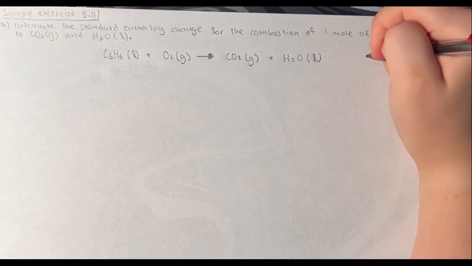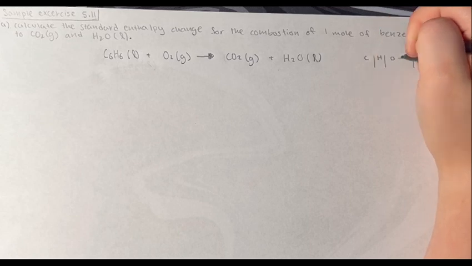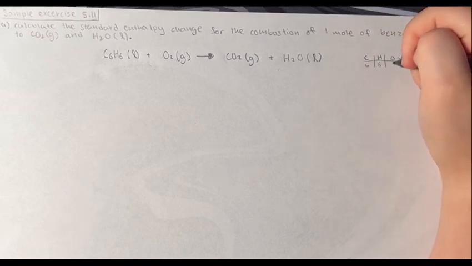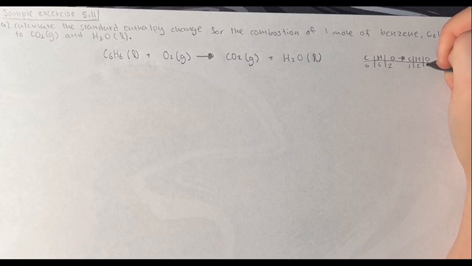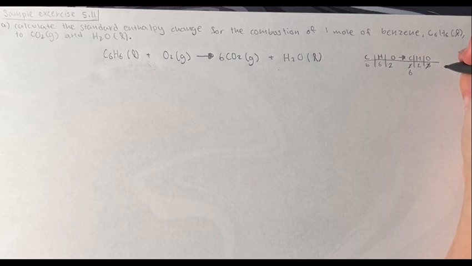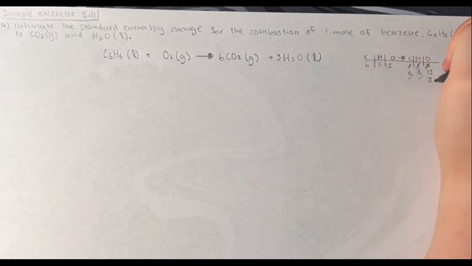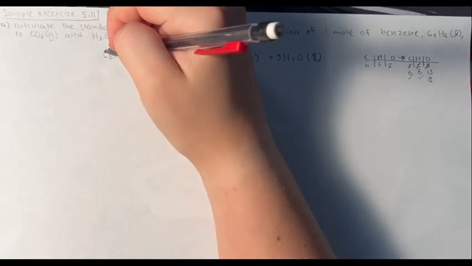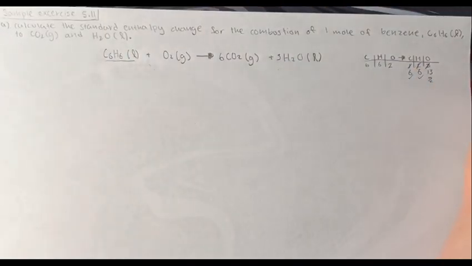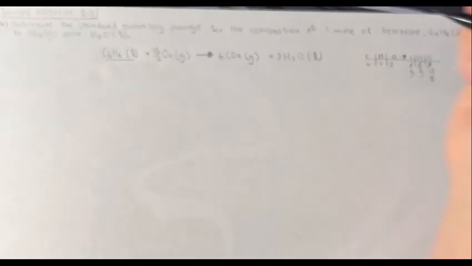Now that we have the full equation written out, we have to balance it too. Since we can only have 1 mole of benzene, we can't keep going and changing things so that we can have an even number of oxygen. So we're just going to have to put a fraction.